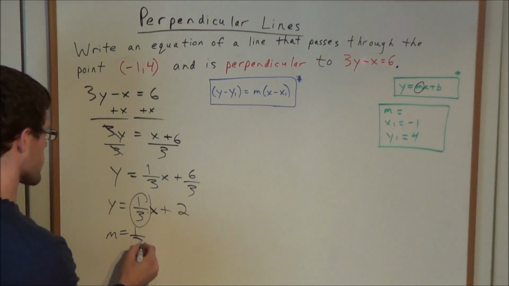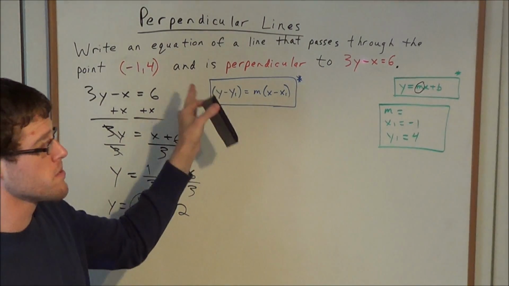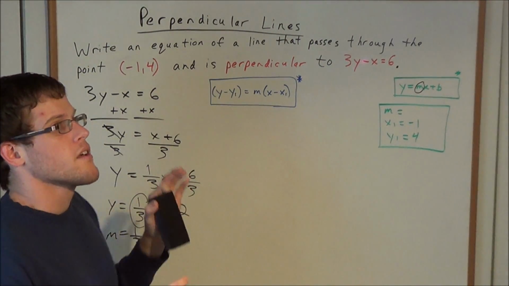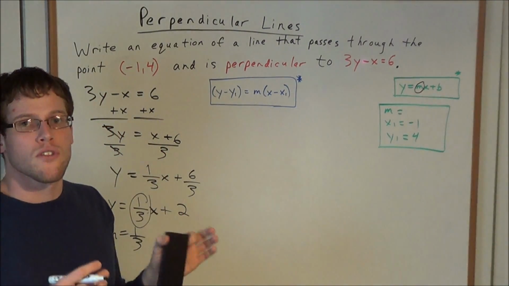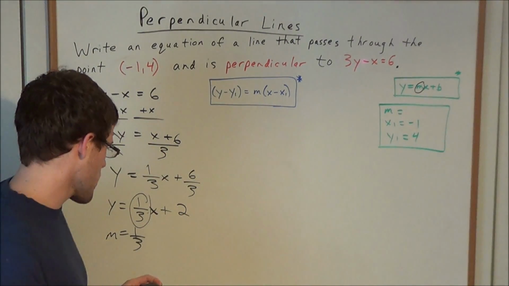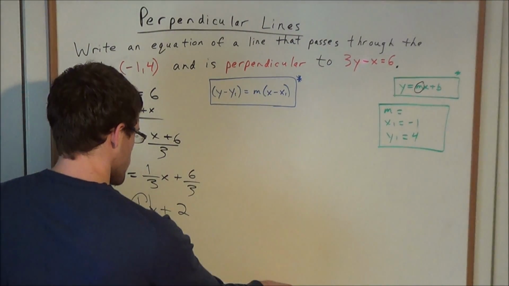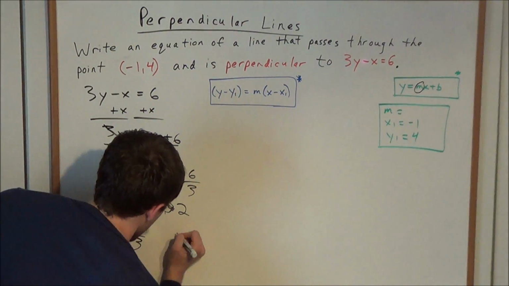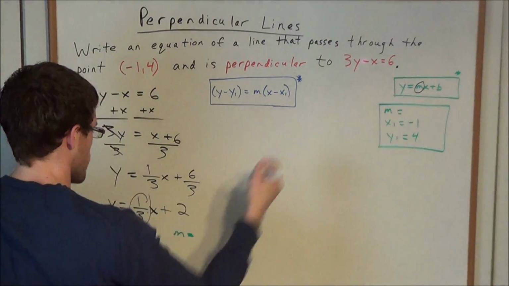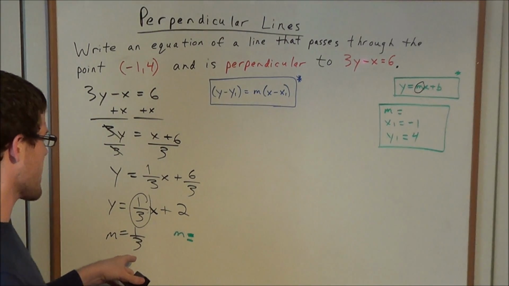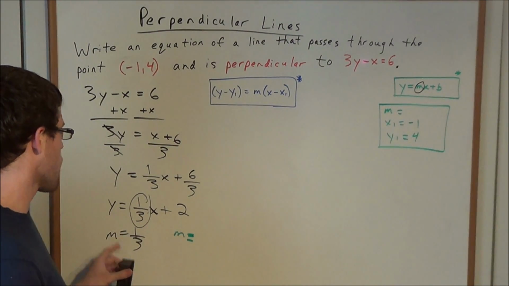One thing that's really important for writing the equation of a perpendicular line is a theorem which states that perpendicular lines have slopes that are negative reciprocals of one another. So in order to find the slope that we need, we'll call it our green m because our slope is written in green over there, we need to take the negative reciprocal of 1/3.